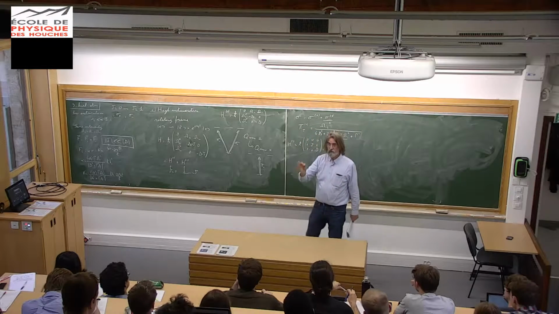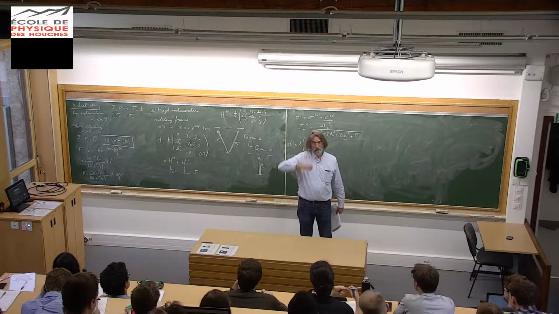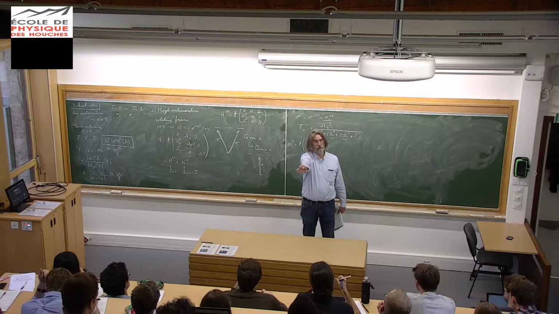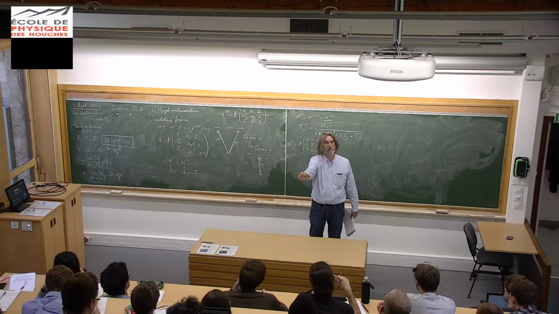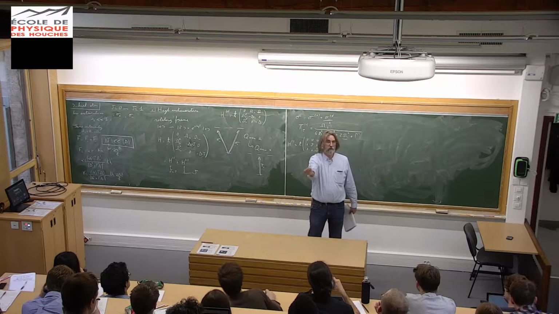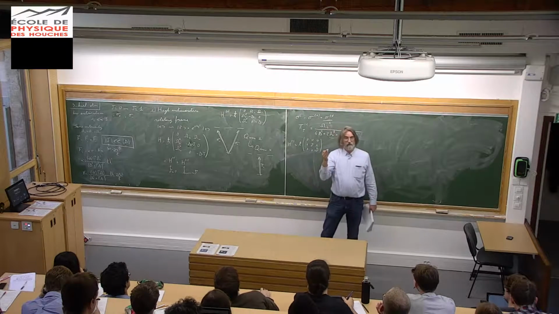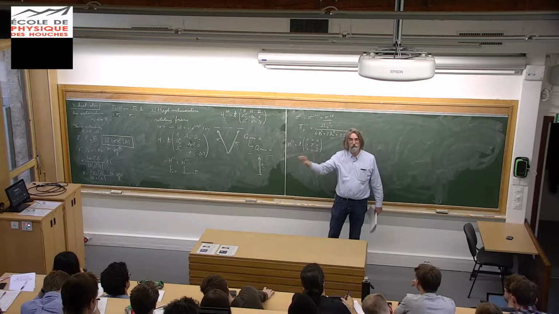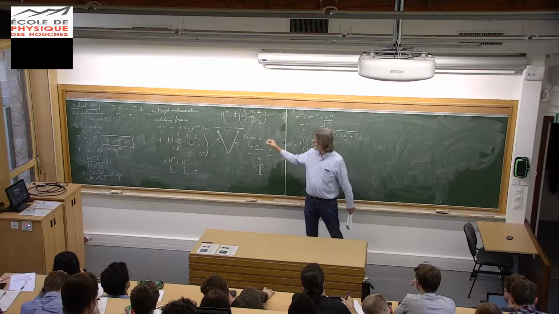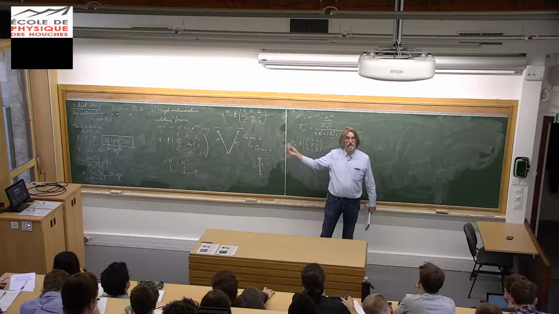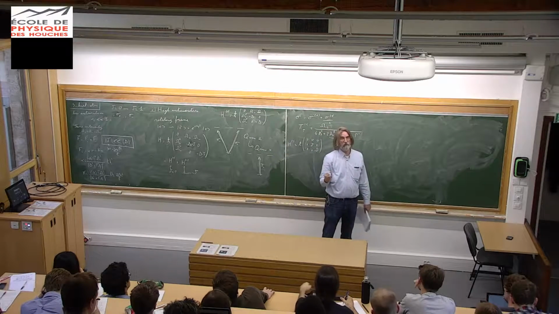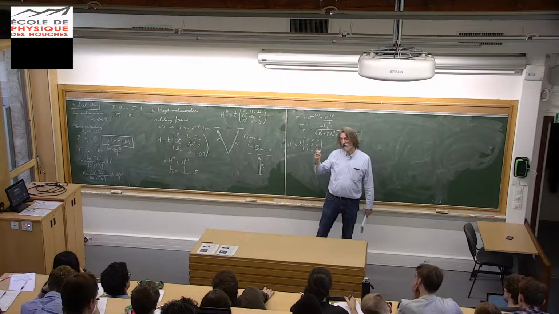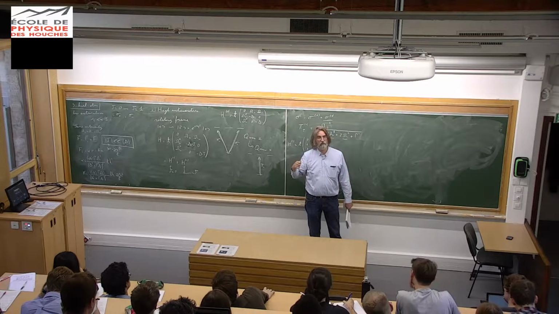In a given position, the sum of a rotating field in this direction and a rotating field in this direction is just a linear polarization. And so this is the only direction that is given to my system, because I have no magnetic field. So I can choose that as the quantization axis instead of the z-axis, which was imposed by the magnetic field.